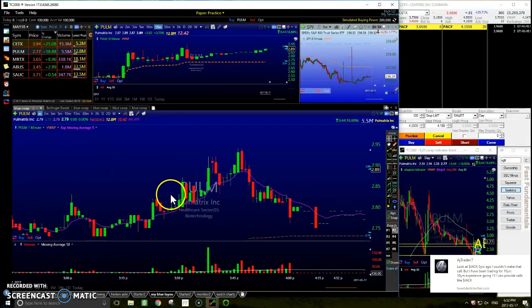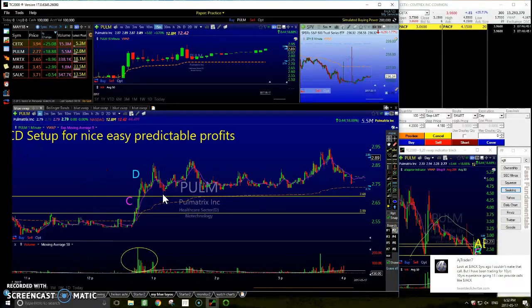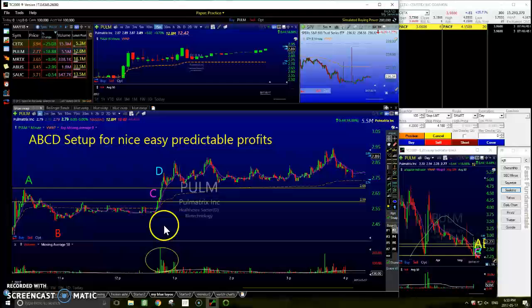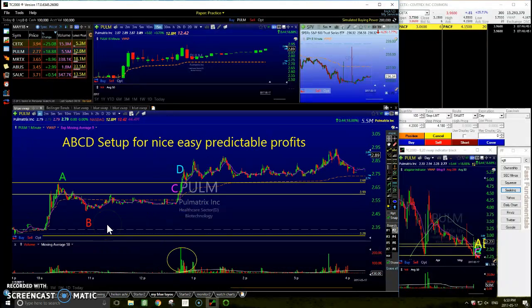But so that's the ABCD setup, and it is a powerful one. It is a great go-to setup. Like I said, in review, A is your first initial move. B is the pullback.